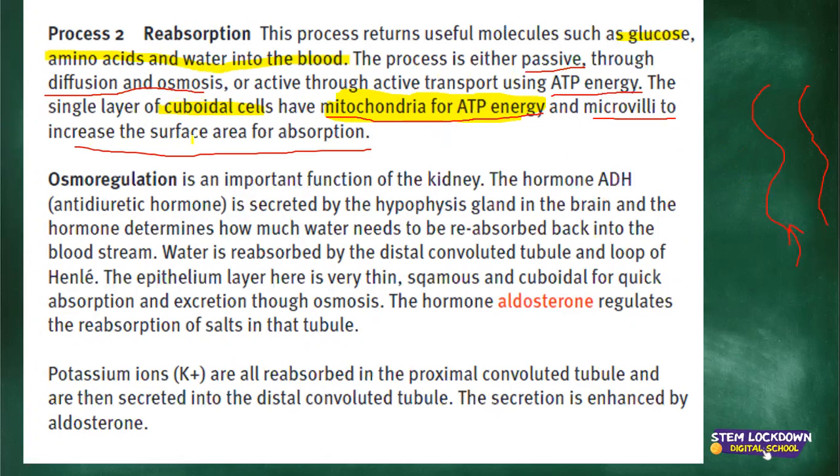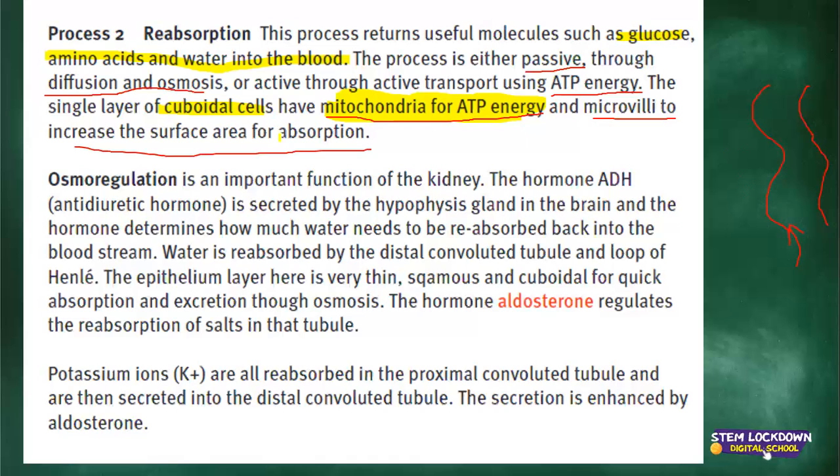It also has microvilli. Microvilli are there to what? To increase surface area. And I always mention this, that when there's an increase in surface area, it assists that particular structure to perform better, and we've explained this when we did the last topic, human gaseous exchange. Remember, one of the requirements for the gaseous exchange organs is for them to have a large surface area.